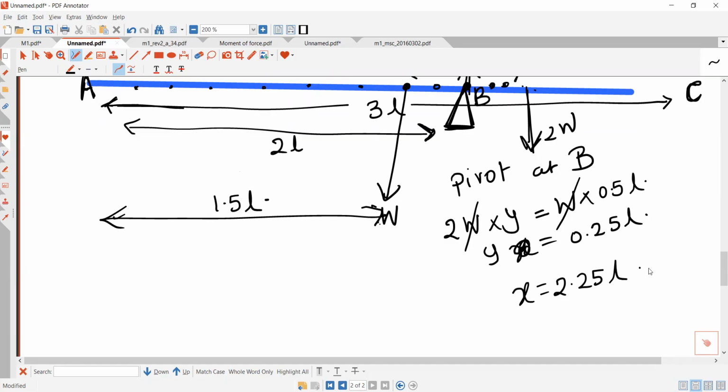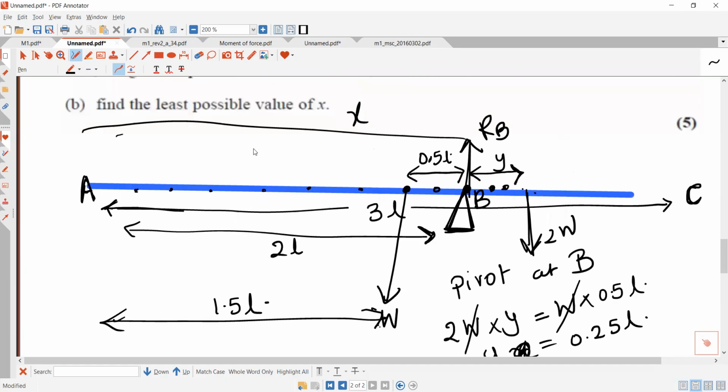Did you add 2 to the 0.25? Yes, I added 0.25 to the 2, because this part is 0.25, and the rest from A is 2, right? So what is the X going to be? 2.25 L. Everybody speak up. Understood?